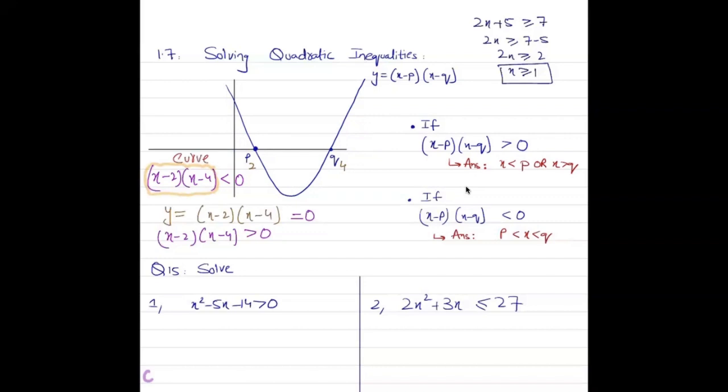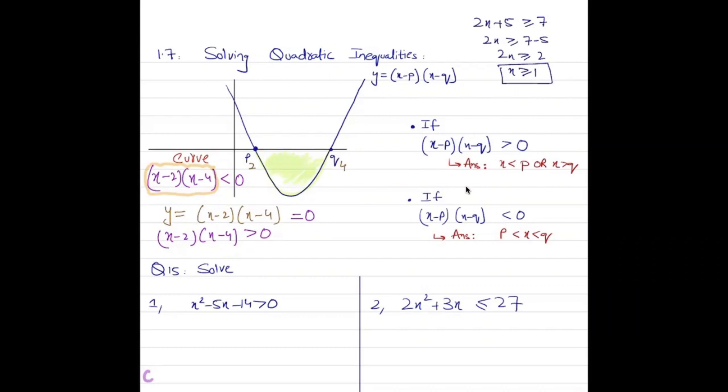So if you're asked to solve where the quadratic curve is less than 0, what is the region for which the quadratic curve is less than 0? Over here, right? The quadratic curve is less than 0 over here. Less than 0 means that the quadratic curve has negative values. So this is my region.